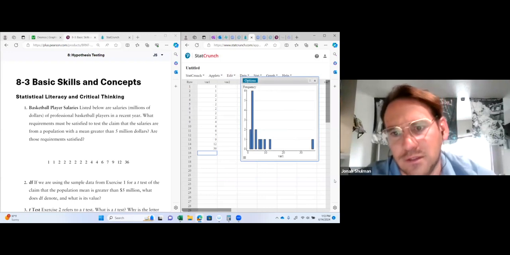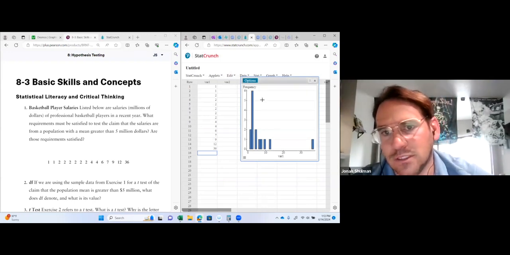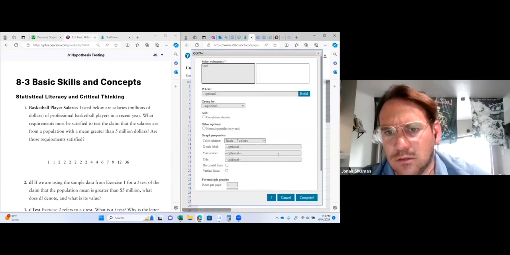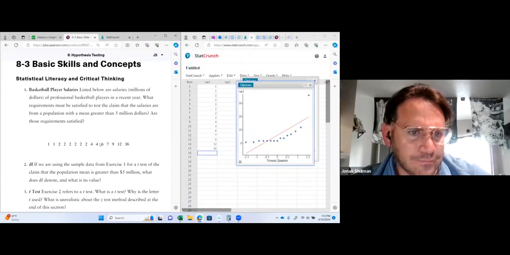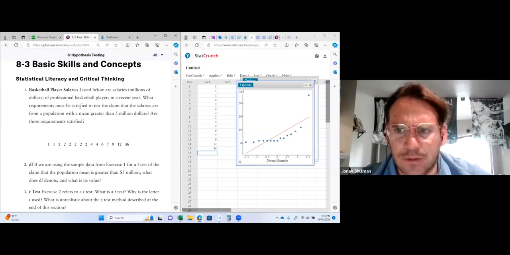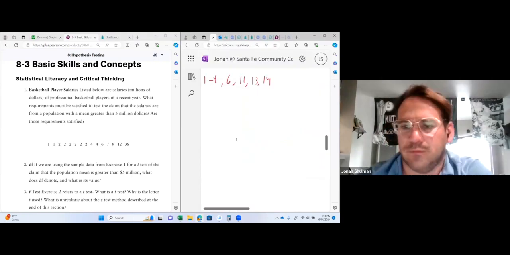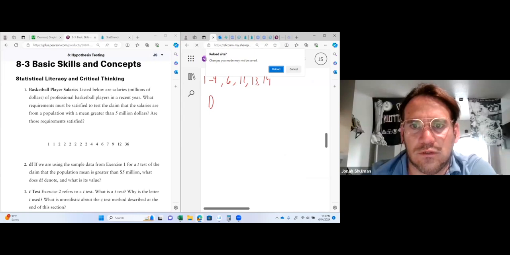It looks like it's left skewed. Even without the outlier, it still doesn't look normally distributed. Then if I do the QQ plot, you'll see that it's off. Yeah, that's off. All right. So it's got to be either greater than 30, normally distributed, and from a simple random sample. That's the answer to 1. I gotta reload this.